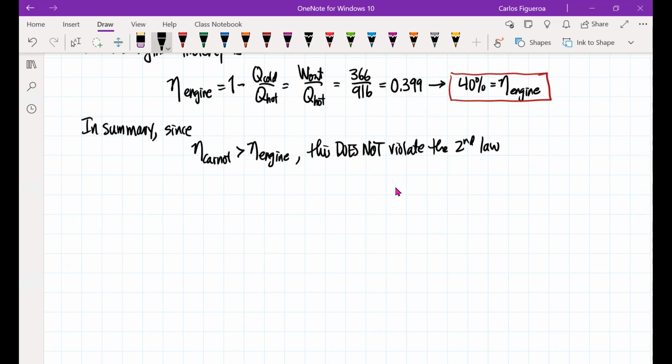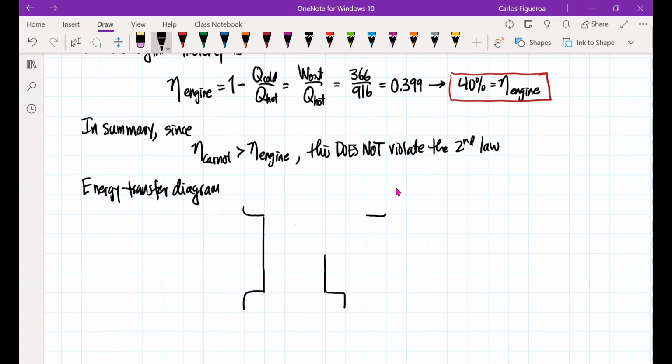If I now draw my energy transfer diagram, what am I seeing? I have a hot reservoir, and I'm going to be transferring 60% to this guy right here. My hot reservoir is going to be bigger. So I've got 1, 2, 3, 4, 5.